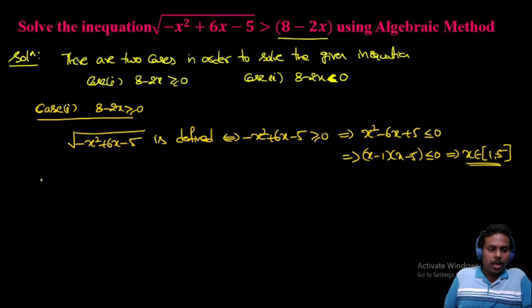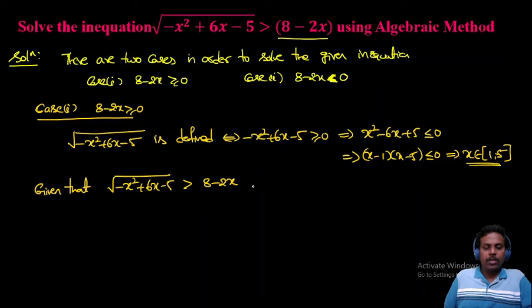Now it is given that root of minus x square plus 6x minus 5 is greater than 8 minus 2x. Since we are taking 8 minus 2x positive, squaring is allowed here.